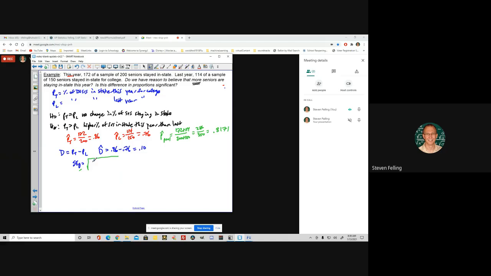It's going to be the pooled P, 0.8171 times 1 minus that, which is 0.1829, over this sample size 200, plus the other one, which is 0.8171. I'm going to use the same pooled average, but with the other sample size.